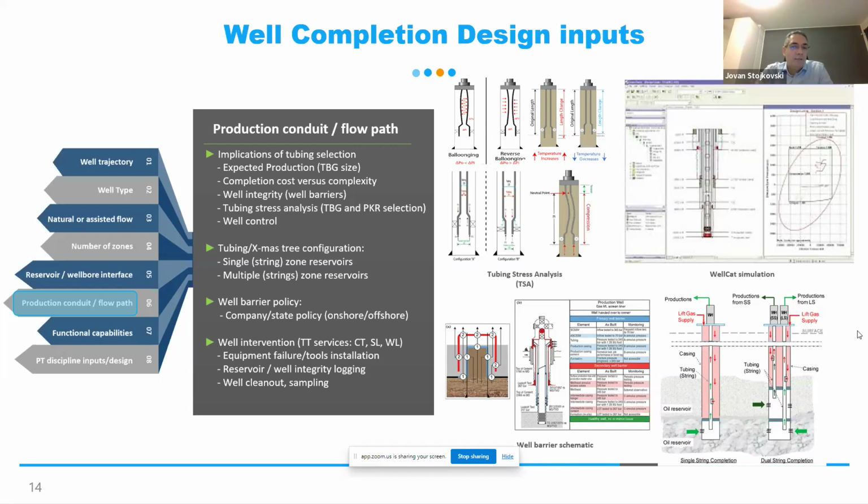Here, a very sensitive topic is completion cost versus complexity versus what we need. What I want to highlight here is that when we select the tubing size, we need to run tubing stress analysis to see if everything will be compatible with all these different scenarios in the well.